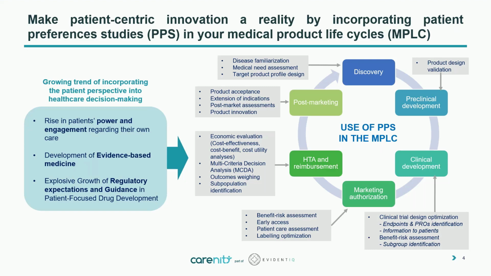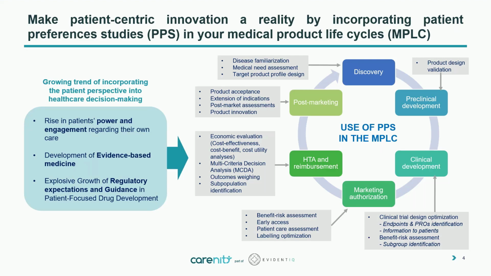During the discovery phase, we can use patient preference studies to identify patients' unmet needs or design target product profiles. Later, during the clinical development phase, we can optimize clinical trial design by identifying the most valuable endpoints of patient-reported outcomes. During HTA, we can use patient preference studies to weight outcomes or support economic evaluation, such as cost-effectiveness analysis.